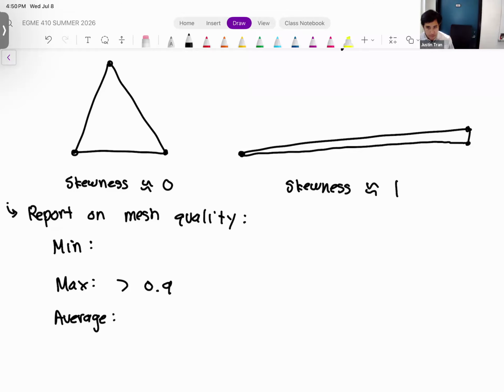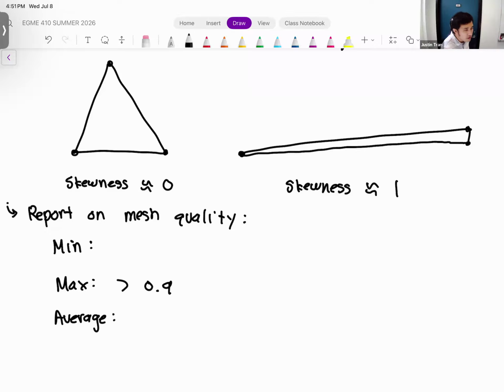So 0.9 is pretty large, and that is a cause for concern. But usually it's only a few elements, so don't panic if you have a max skewness that's like 0.99 even. That's pretty common as well. The one to really look at here is the average.